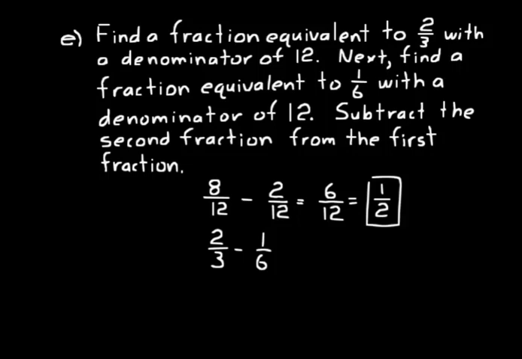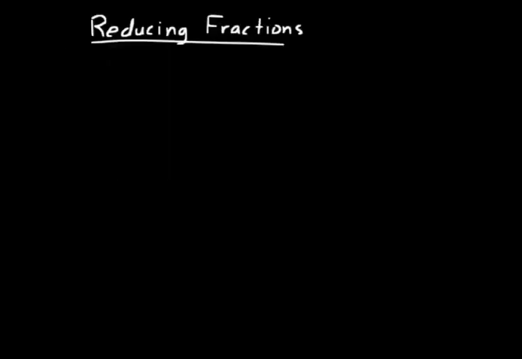We made both the denominators 12 by multiplying above and below by the same value, or in other words, multiplying each of those fractions by 1. We were able to make the denominators the same, and then we were able to do our subtraction. Just something to keep in mind for later lessons is you'll be multiplying by a fraction that's equal to 1 in order to get common denominators to do some subtraction problems when the denominators are not the same.